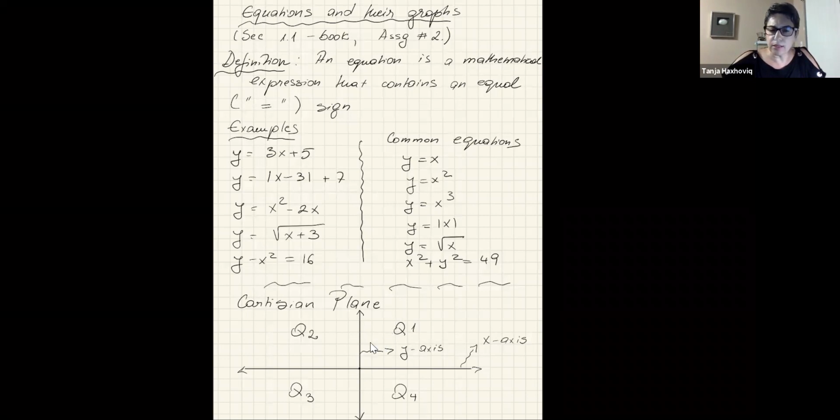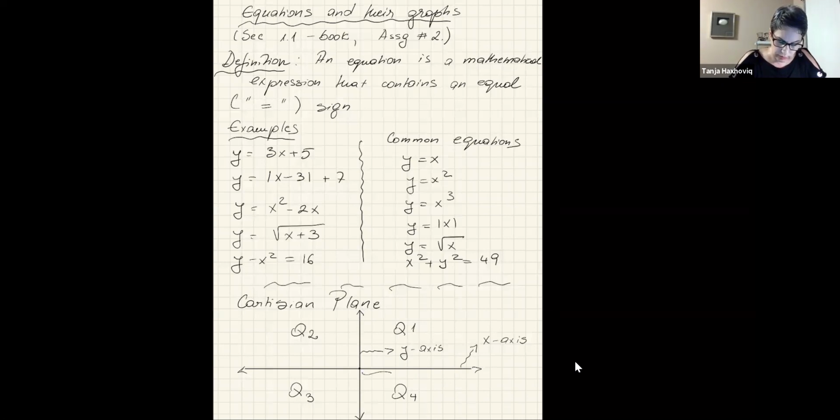Okay, so having said all that, all the numbers that will reside, so to speak, in quadrant one, their coordinates will come from this part of the x-axis and this part of the y-axis, meaning from the positive part of the x-axis and the positive part of the y-axis.